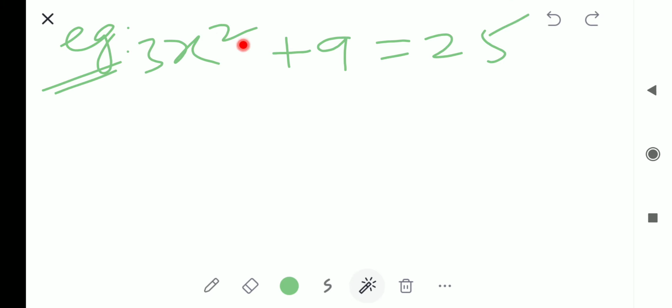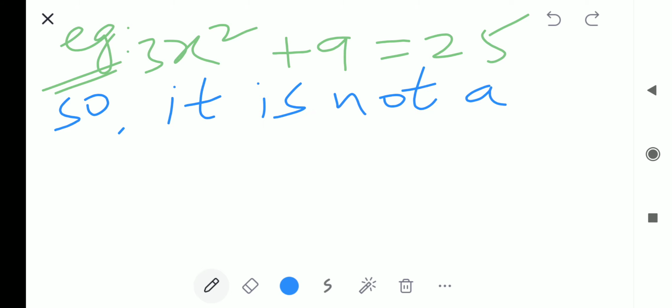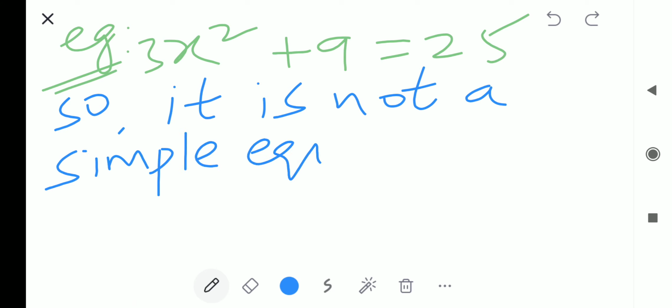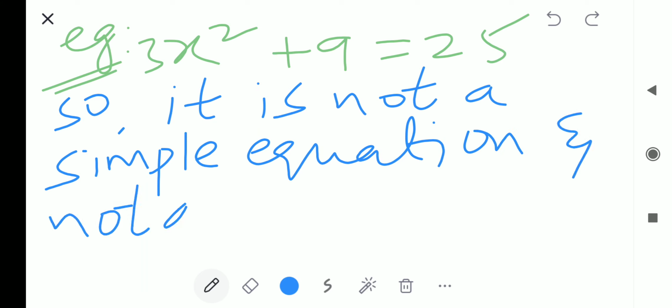So it has degree 2, though it has only one variable. So it is not a simple equation and not a linear equation.